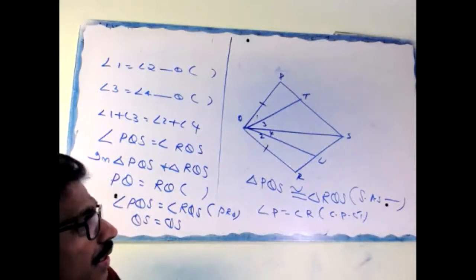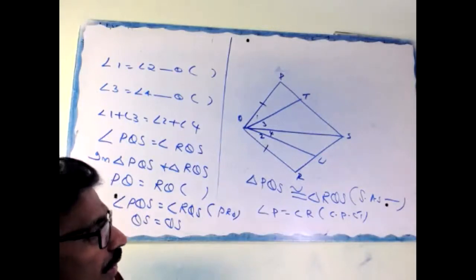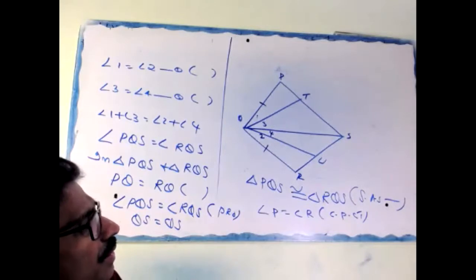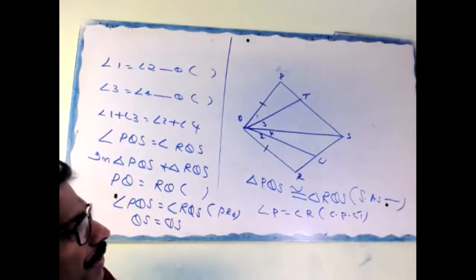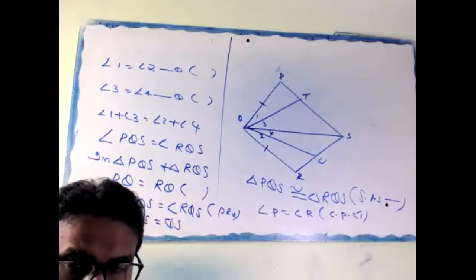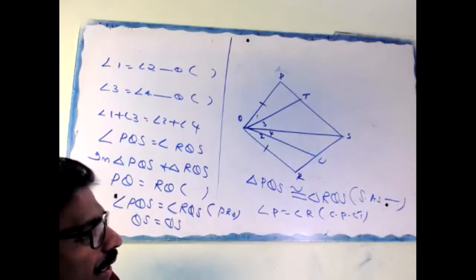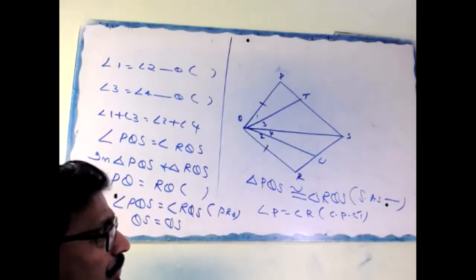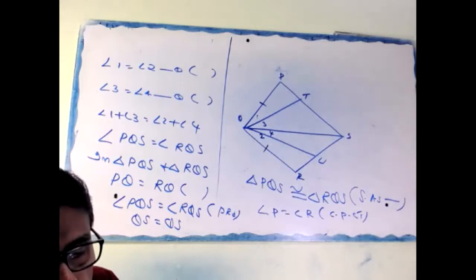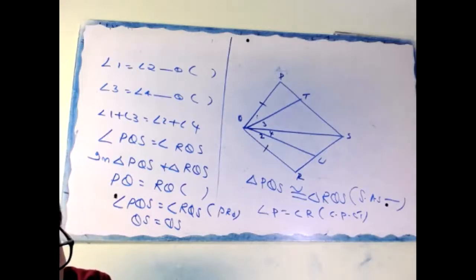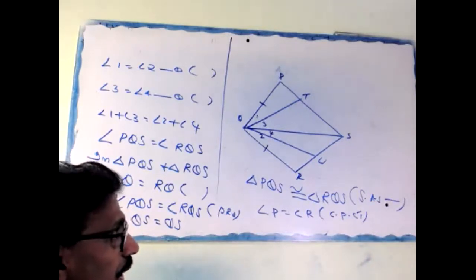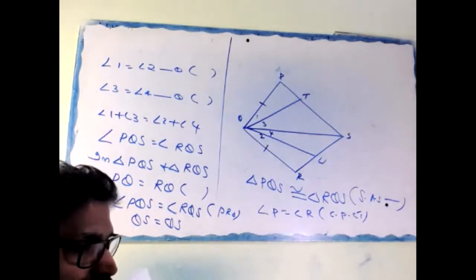In triangle PQT and RQU, angle P equal to angle R, proved. PQ equal to QR, given. Angle 1 equal to angle 2, given.